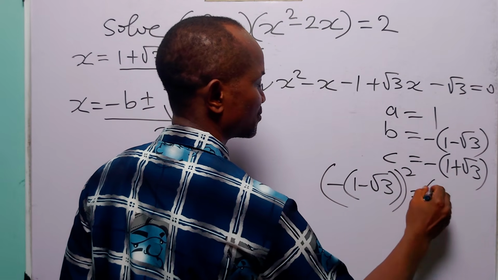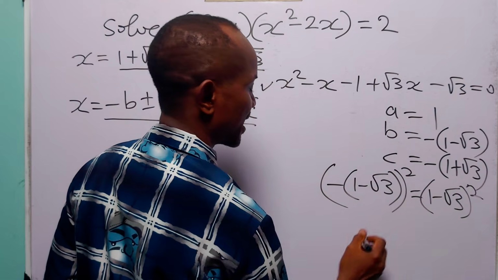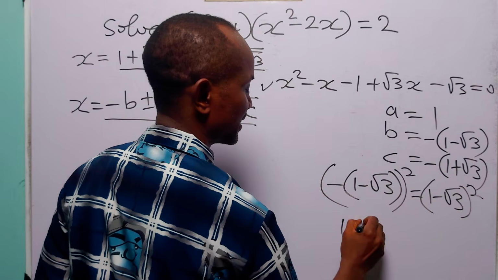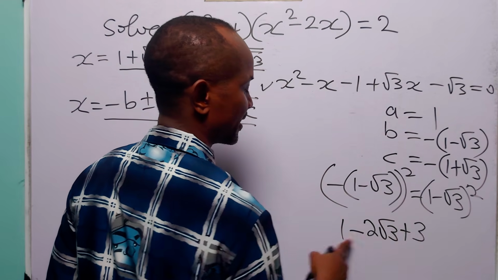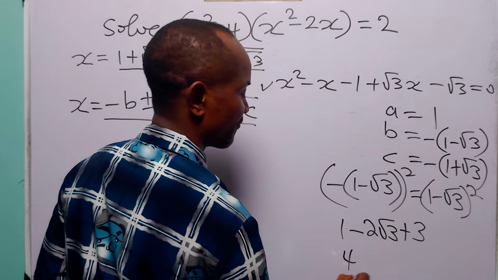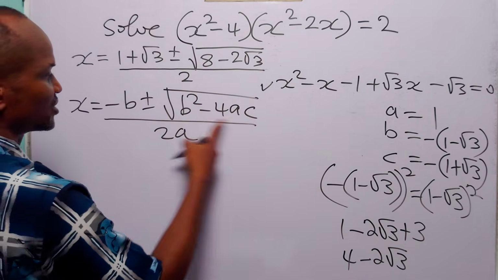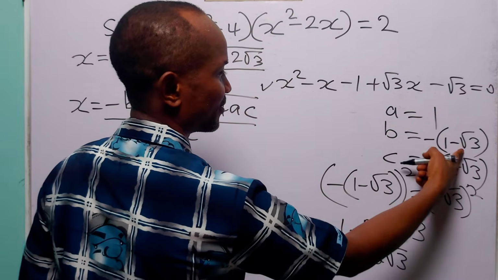This is equal to 1 minus root 3 squared. 1 squared is 1. Minus 2 times 1 times root 3, that is 2 root 3. Plus root 3 squared is 3. 1 plus 3 is 4. Minus 2 root 3.